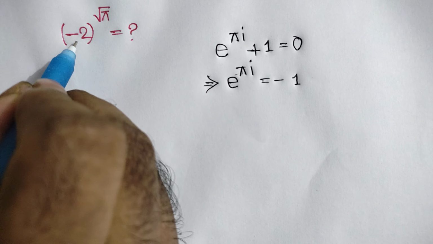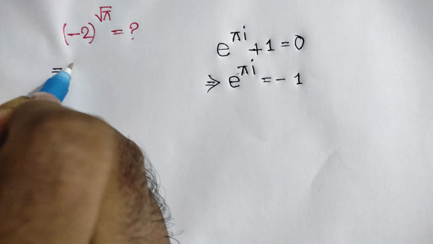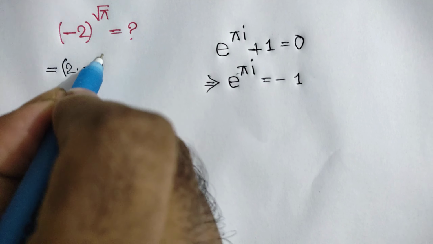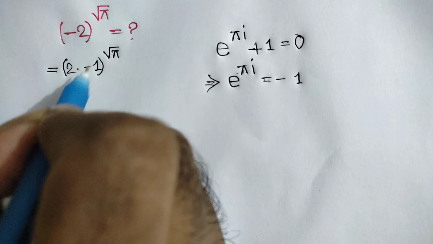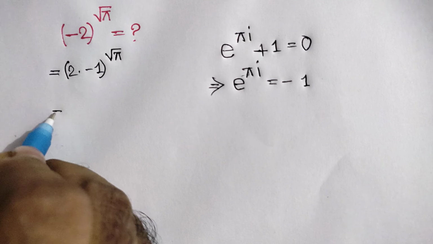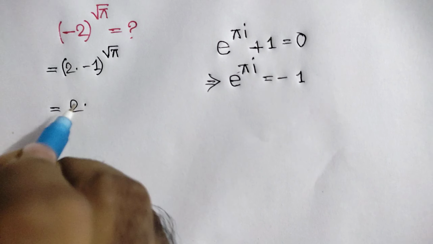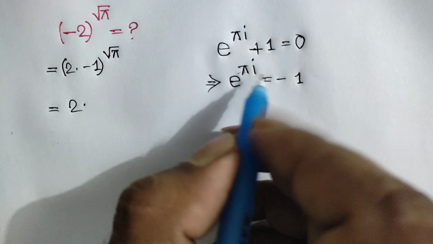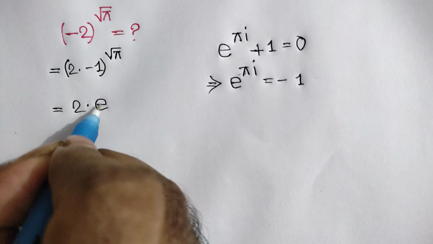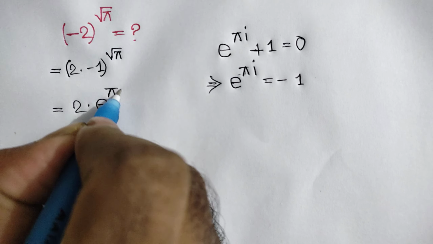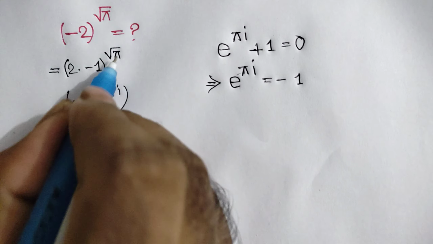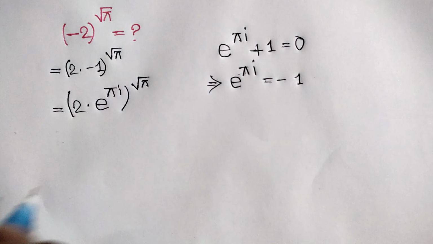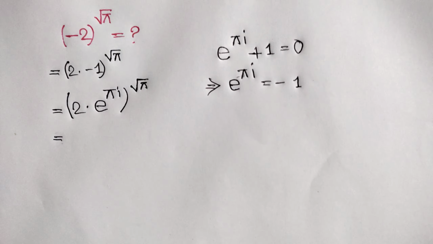So (-2)^√π is equal to, here we can write, (2 times -1) whole to the power √π, is equal to (2 times, now this -1 is equal to e^(πi), so we can write here (e^(πi))) whole to the power √π, is equal to.